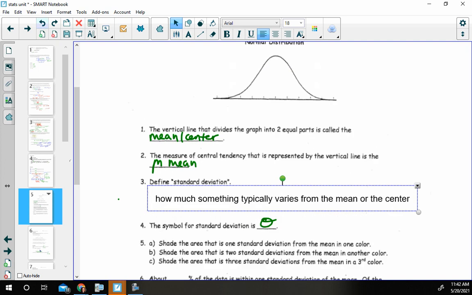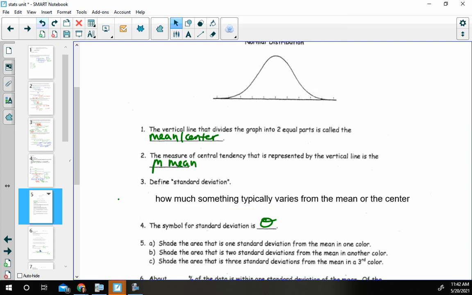I got a couple for you guys to fill in. You have to write in. Kind of blends in.